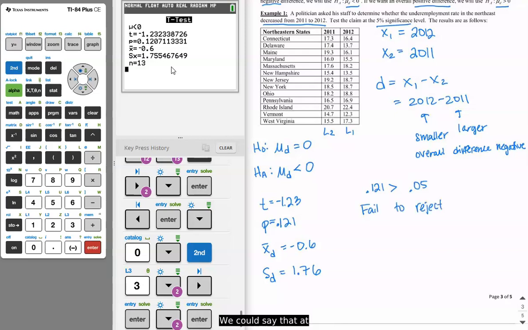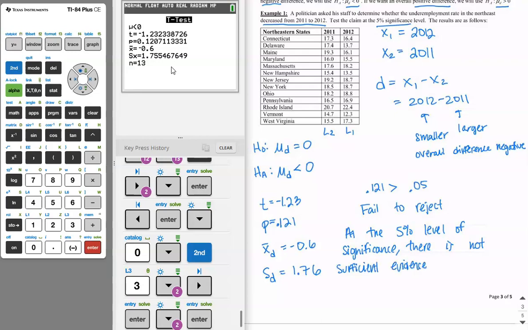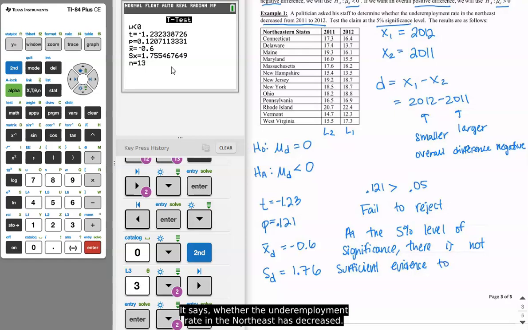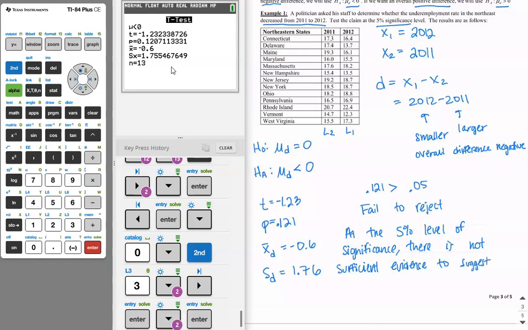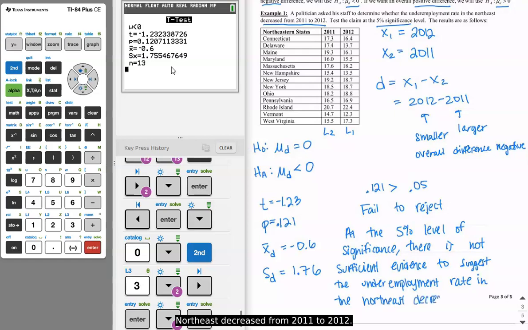So we could say at the 5% level of significance, because we're failing to reject, there is not sufficient evidence to suggest the underemployment rate in the Northeast decreased from 2011 to 2012.